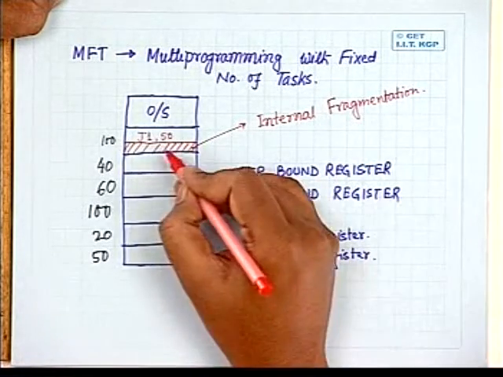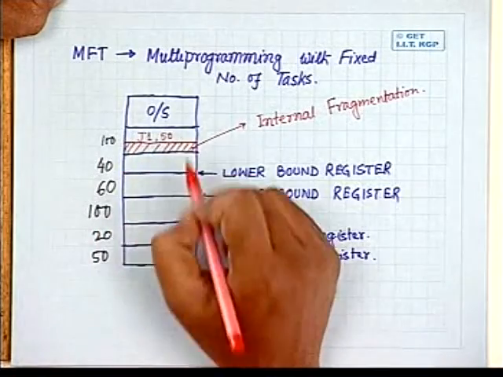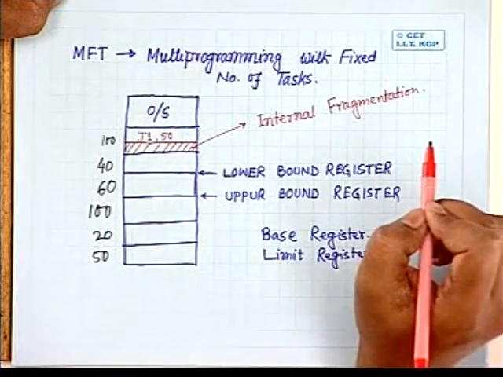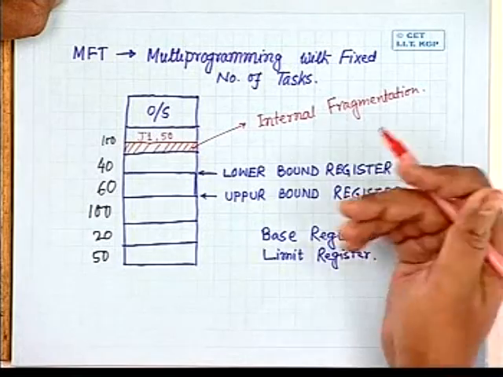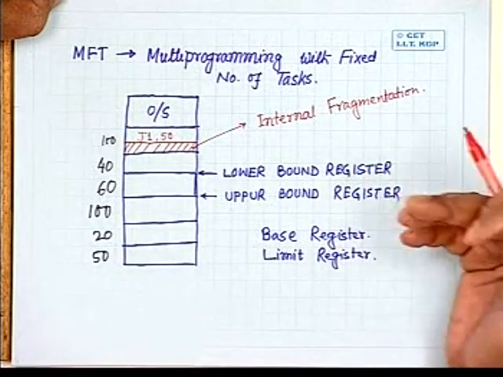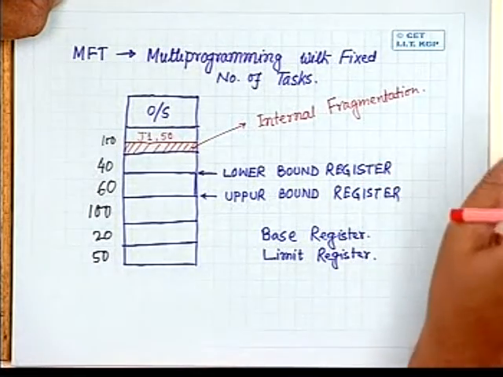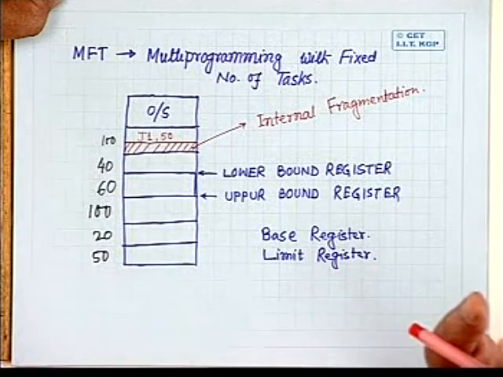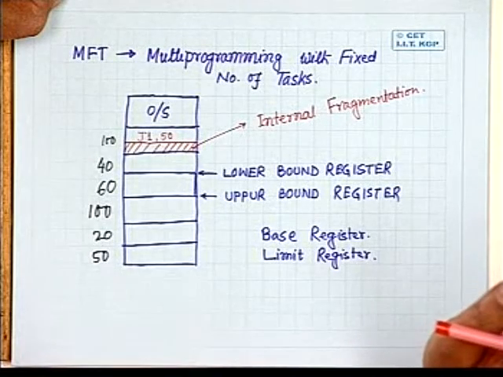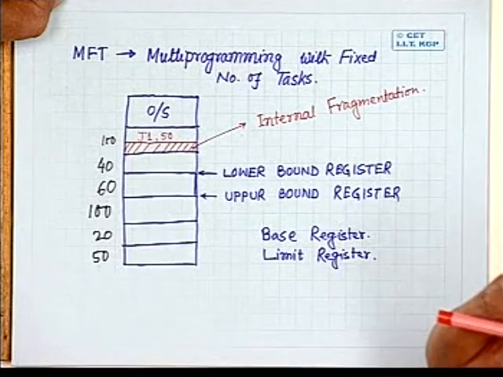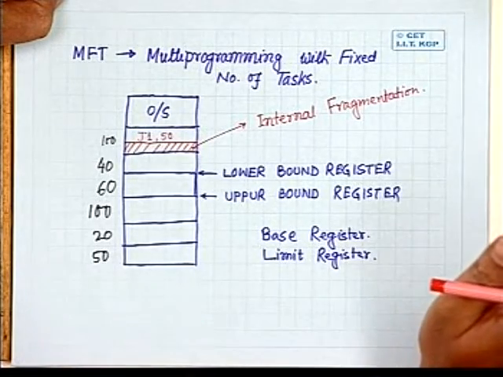Okay. And this 100 kilobyte partition we have allocated to job 1 based on an algorithm that whenever the first partition whose size is greater than or equal to the required size of the job is available, allocate that partition to the job.